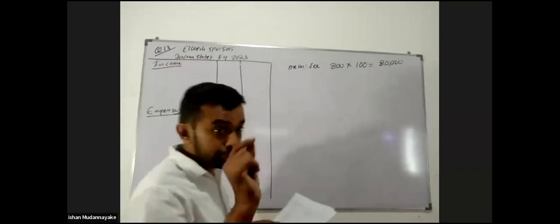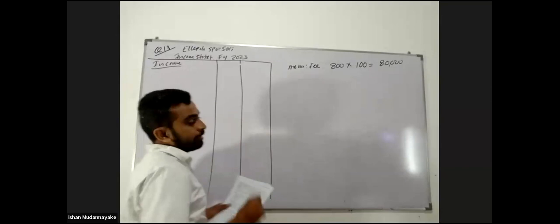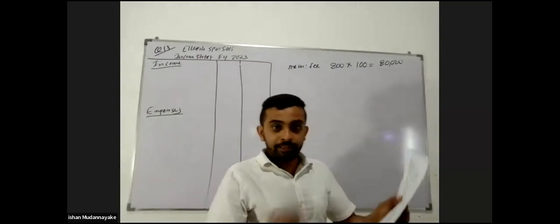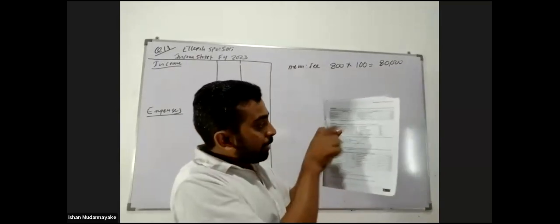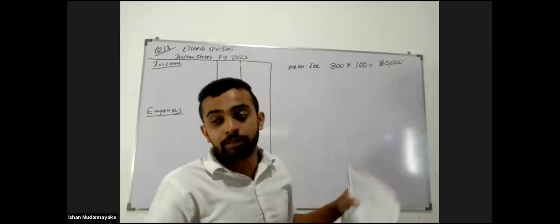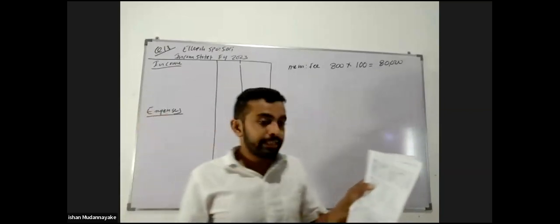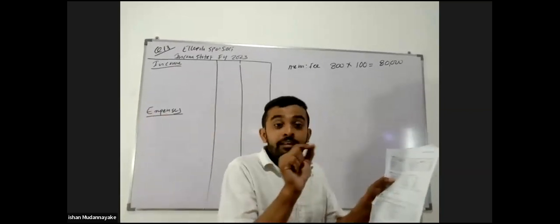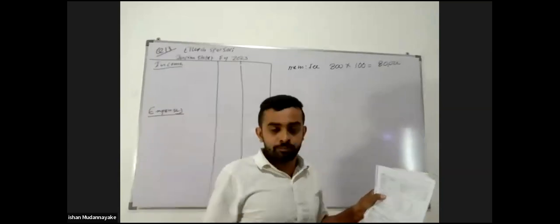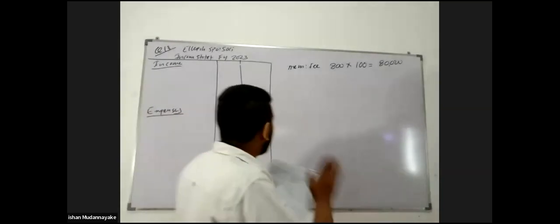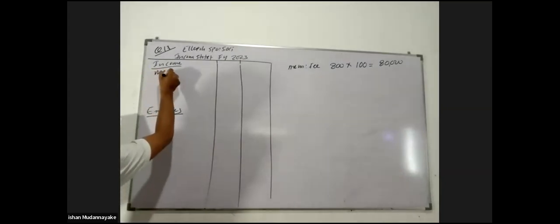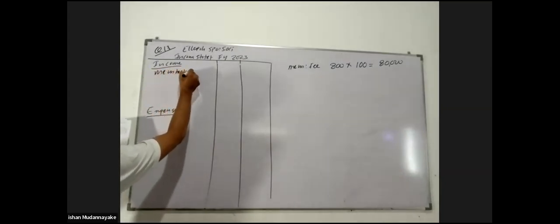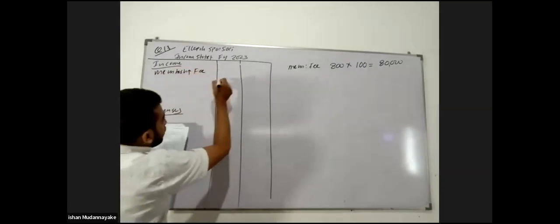Then, students, you need to record the relevant membership fee in the income statement. In the cash book you can see the membership fee received amount, 84,400. Now you need to ignore the received amount. Why? You need to record the relevant membership fee, 80,000.